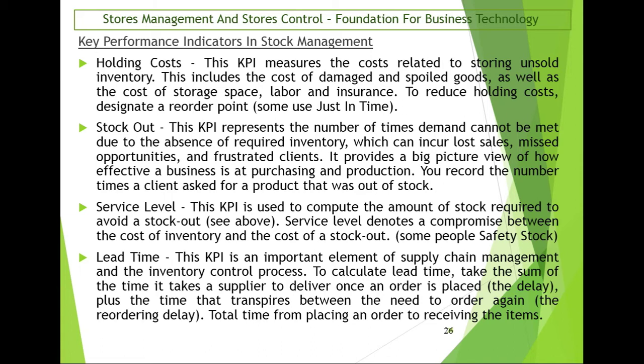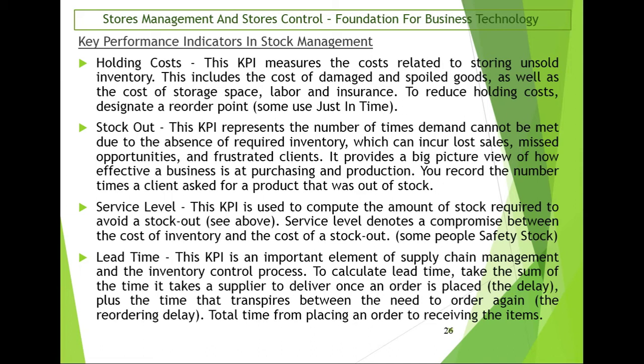Another KPI is called service level. We use this KPI to calculate the amount of stock that we need in order to avoid a stock out. In other words, to avoid running out of stock.